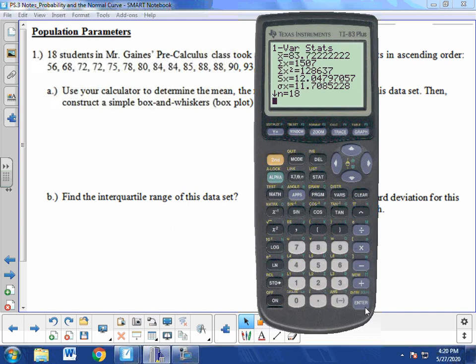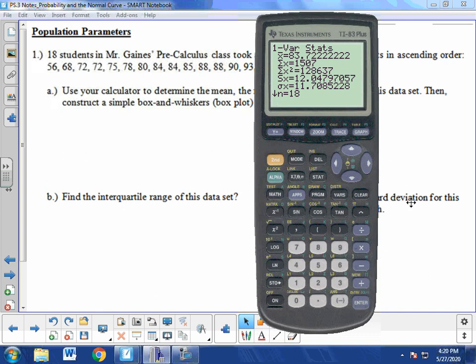If you have a newer calculator, when you hit one variable statistics, something you don't have to worry about on the other one, it's going to have list. Make sure your list is what you just put your numbers under. So if you put your numbers under L1, your list should say L1, and it should be automatically set there. Frequency list, we don't need to worry about, and then go ahead and go down and hit calculate if you have a newer calculator.